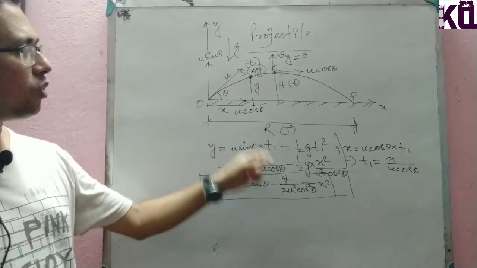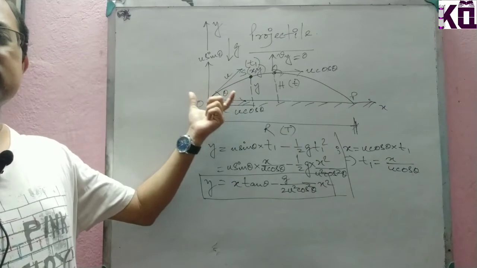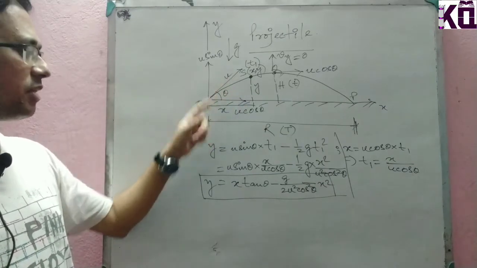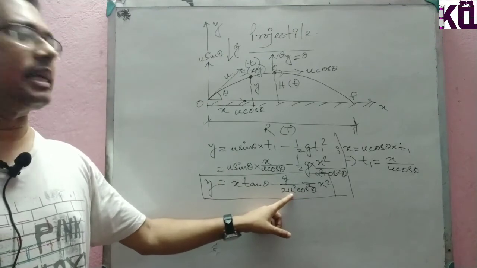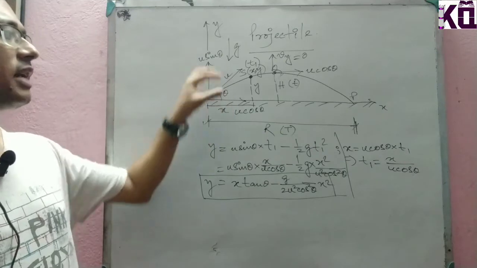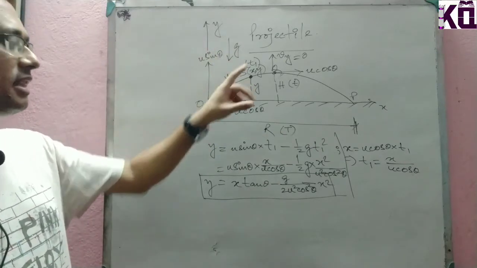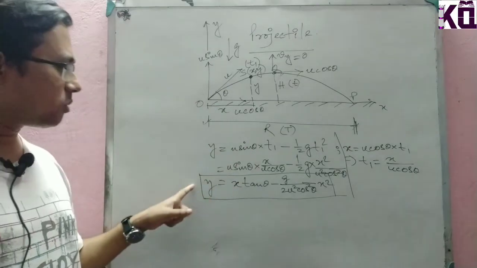If the x distance, the angle, and the initial velocity of the object are given, and the question asks how much height it has reached at that x distance, you can identify the displacement in the y direction from this equation.